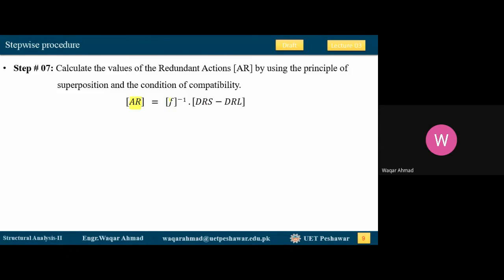In this equation, we have F, which is the flexibility coefficient matrix. We have the DRS, which we solved in the very second step, which are the values of the support settlement or rotations corresponding to the chosen redundant actions. And this DRL is the matrix we obtain by applying the external load on the BDS and then finding the displacement corresponding to the redundant locations.